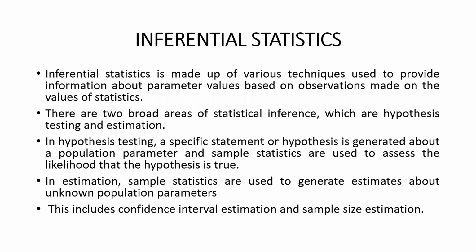In confidence interval estimation, you use sample statistics to generate estimates about unknown population parameters. If I'm seeing the mean value as this in the sample, the mean value in the population is likely to be between this and this. That is what confidence interval estimation is. It's not the likelihood that your hypothesis is correct or not.